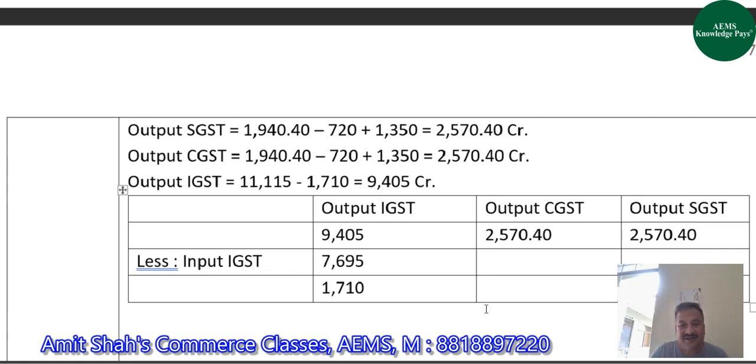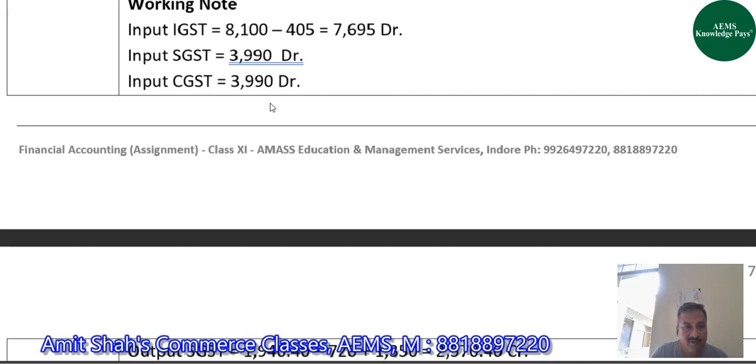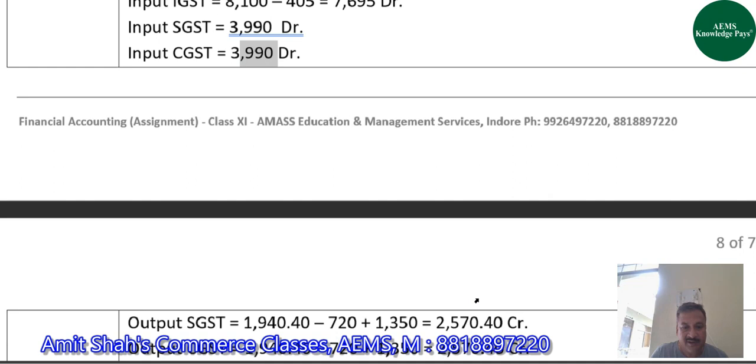input CGST, if there is balance in input CGST after subtracting input CGST from output CGST. So input CGST is 3990.